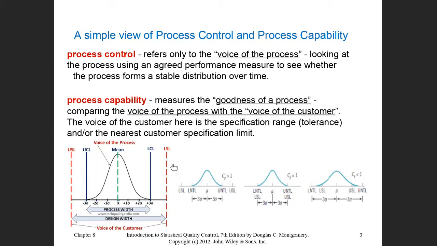That means the chances of having dissatisfied customers are very high. That's why they refer to the process control as the voice of the process. The voice of the process refers to the control limits, and the voice of the customer is the specification limit.